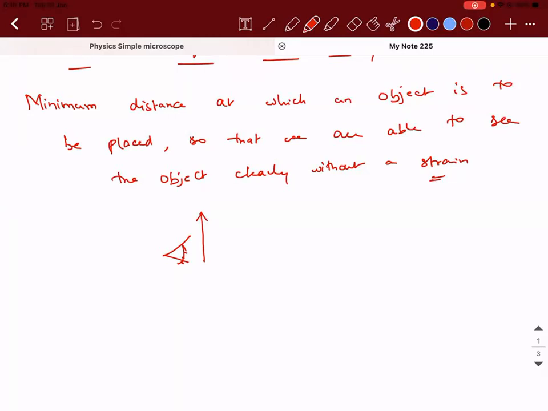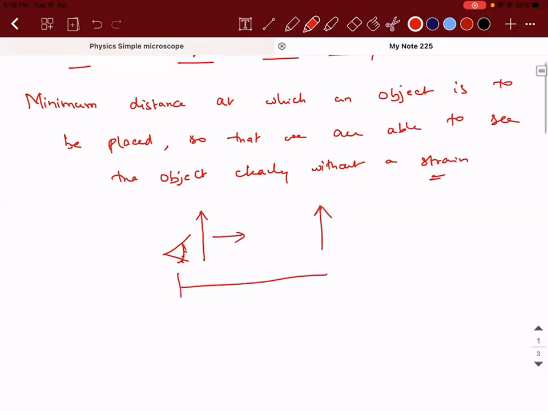So for that strain to be reduced, what will you do? You will slowly move the pen to a greater distance, at which you're able to see the top to bottom of the pen without any strain in your eye. Then this distance is what is called the least distance of distinct vision or near point.